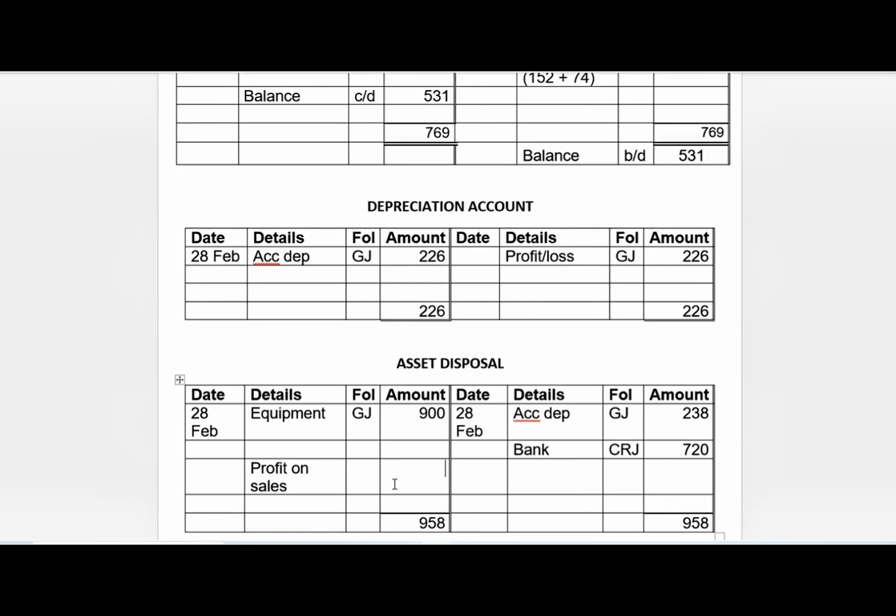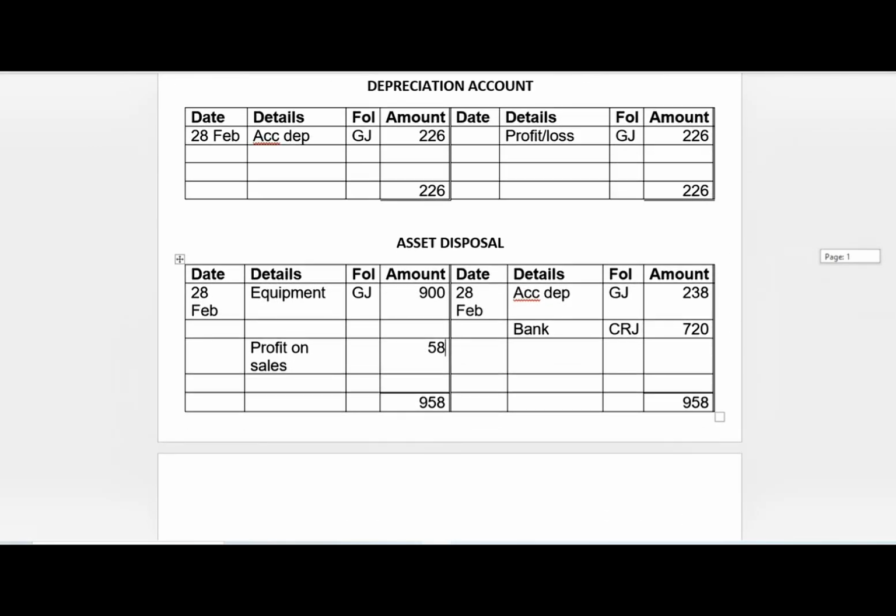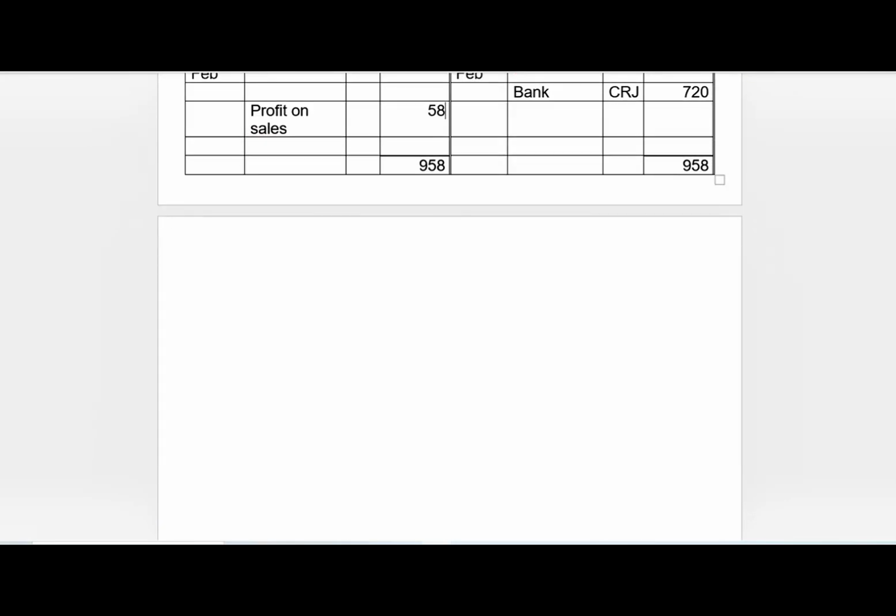So the profit on sales is going to be 958 less 900. I'm getting a profit of 58. That is our profit, and this is our asset disposal, and we are done with this additional information. Nothing else right there. All right.